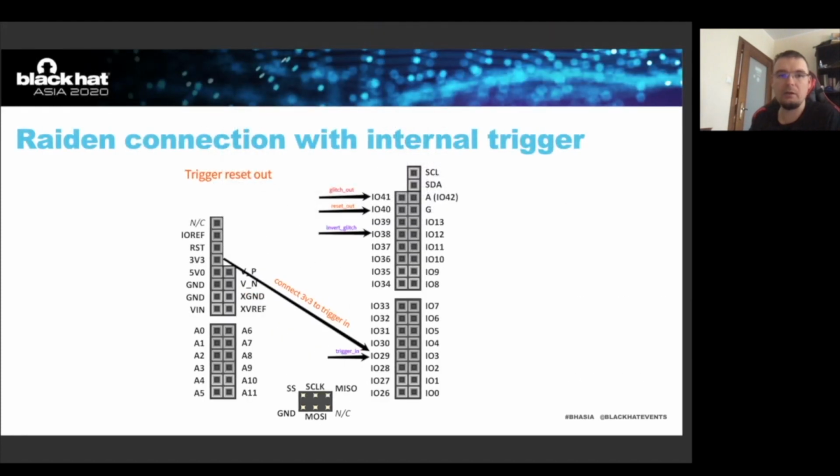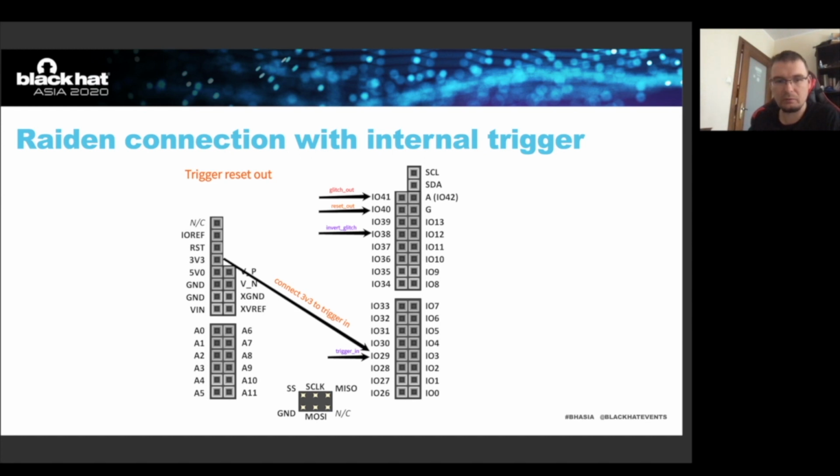Here we have a connection with internal trigger. We call it internal trigger, but this is actually the reset out signal generated and sent from the Raiden to the target board. In this connection, what is required is to connect the 3.3 volt output pin available on the Raiden to the trigger in directly.